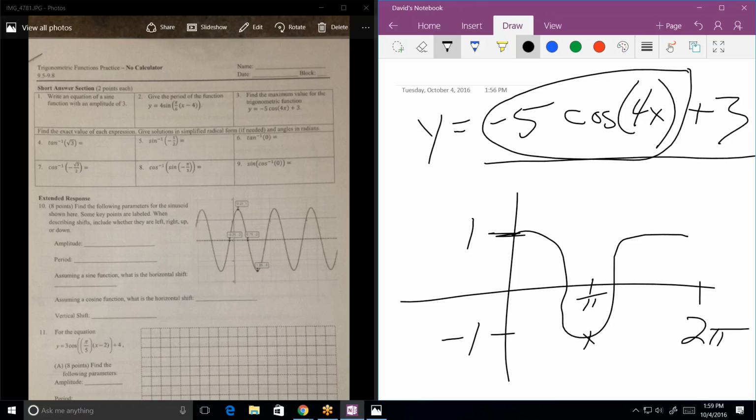Now what's minus 5 times minus 1? Minus 5 times -1 is a positive 5. And positive 5 plus 3 is a positive 8.